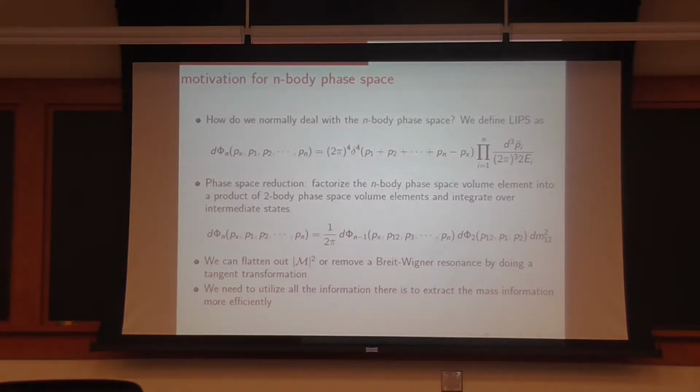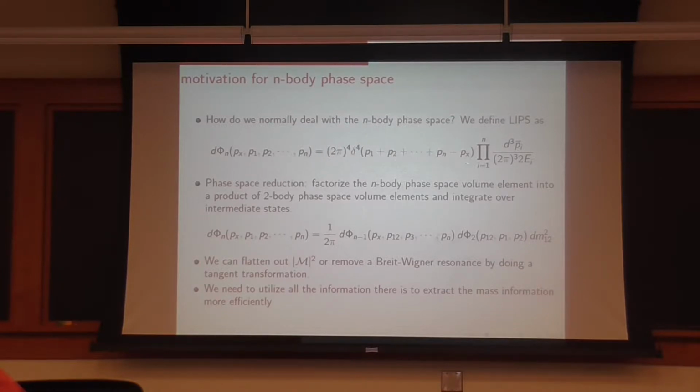Okay, if we go to a higher number of particles, how do we normally deal with this n-body phase space? If we write down the n-body Lorentz invariant phase space, we have this big product of d^3p over E Lorentz invariant phase space volume elements. Normally, when we integrate, we calculate tree-level stuff, and if we do Monte Carlo, we usually use phase space reduction.